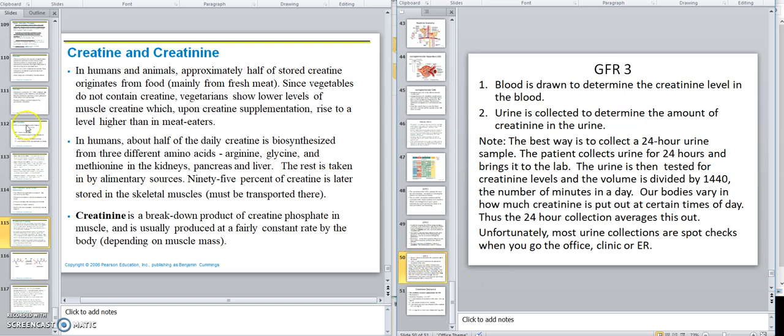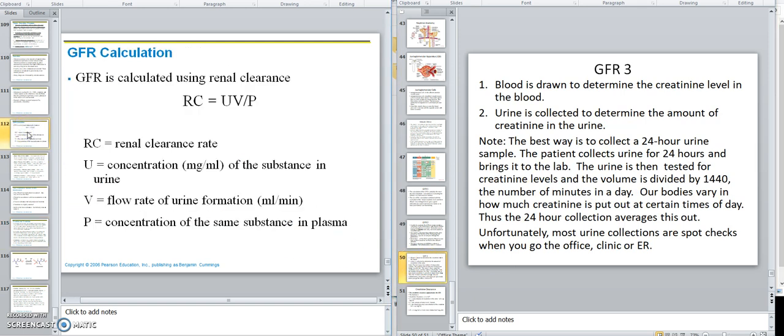All right, now go to the next one. So how do you do this thing? All right, how do you get that GFR calculated? Blood is drawn to determine the creatinine level in the blood. Urine is collected to determine the amount of creatinine in the urine. Okay. Note, the best way is to collect a 24-hour urine sample. The patient collects urine for 24 hours and brings it to the lab.